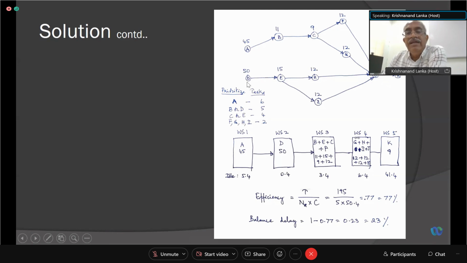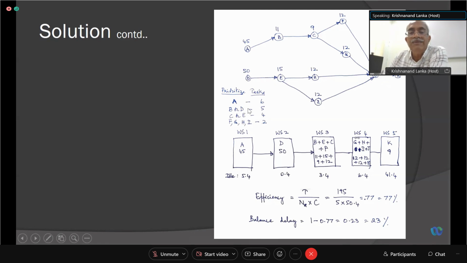Whereas D is the first one. A and D don't have any immediate predecessors. They can start without any prior requirement.